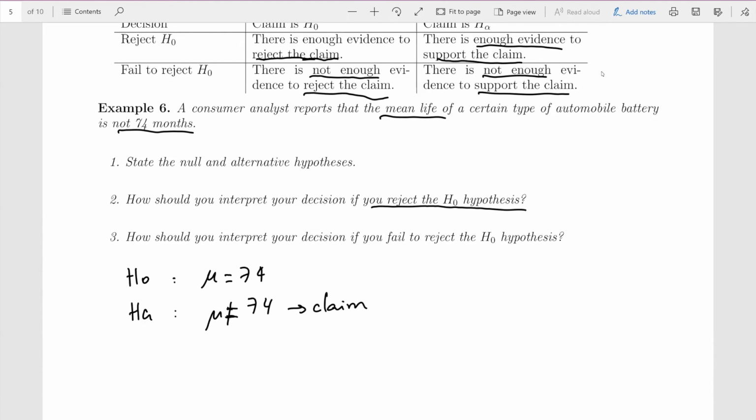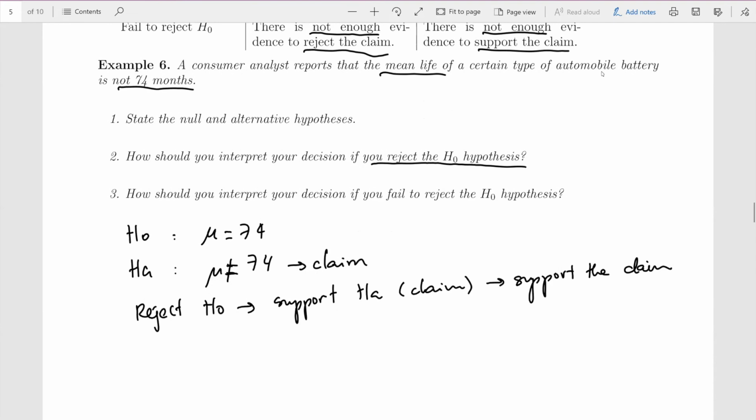So if you reject the null hypothesis, that means you support the alternative, and the alternative is the claim, so that means you support the claim.